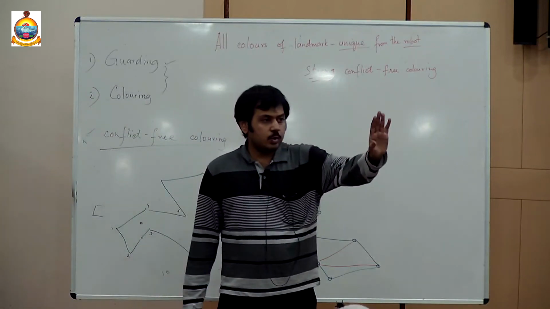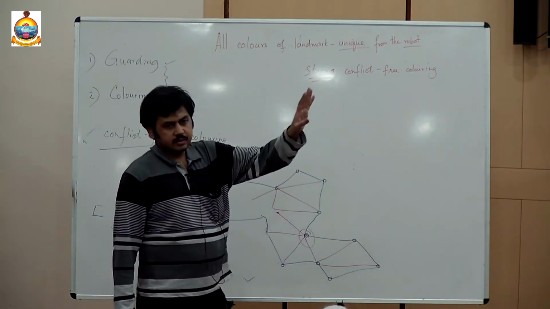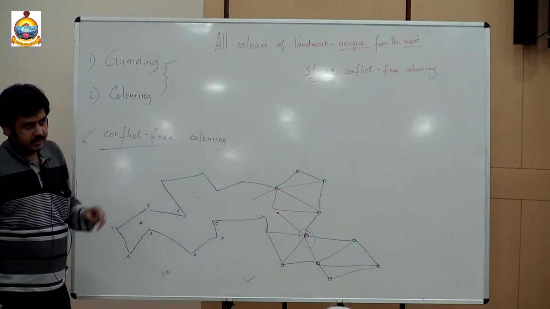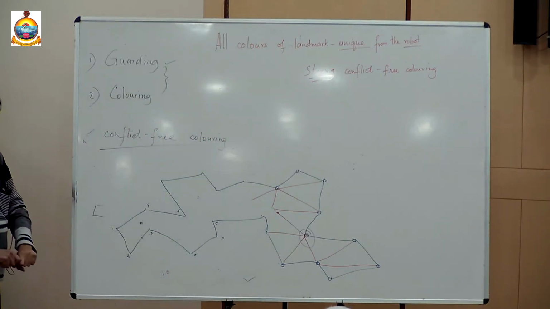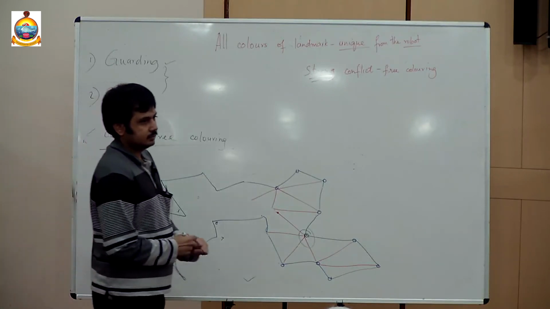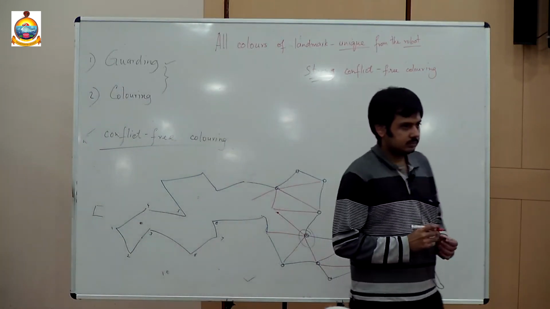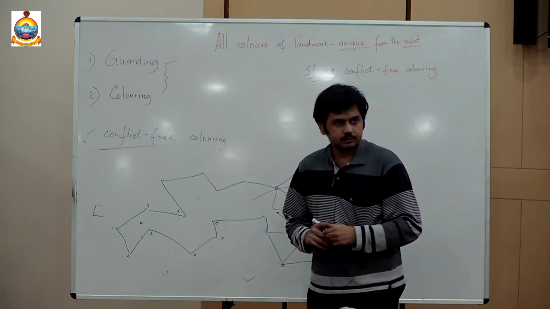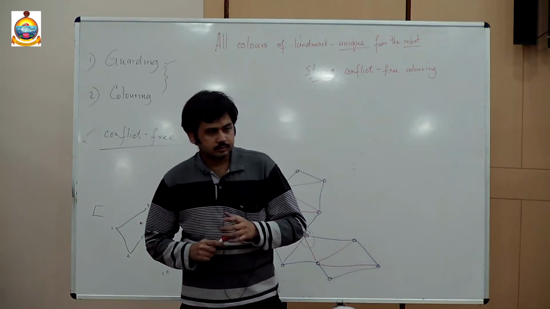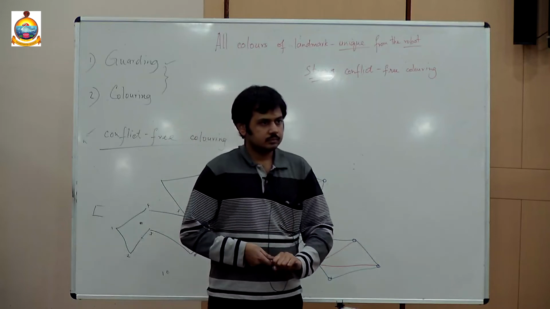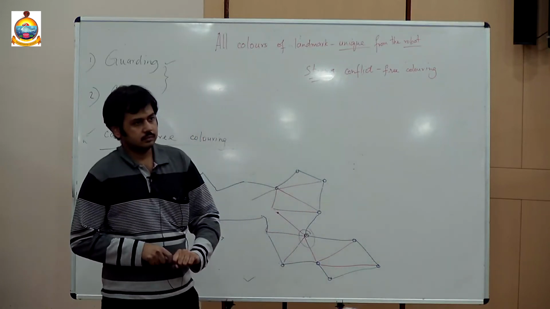There should be absolutely no point in the polygon which sees repeated colors. Maximum of all those deviations. For a particular viewing point, you have to minimize the number of colors. Definitely, yes. And for all viewing points, you have to take the maximum.